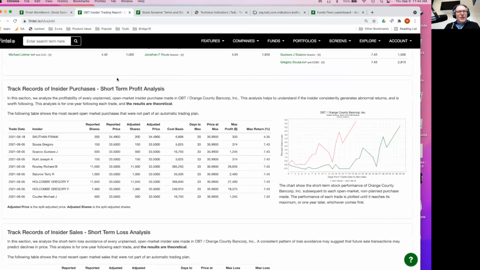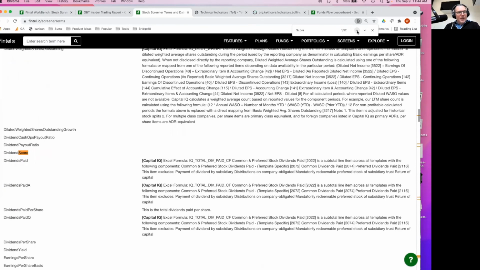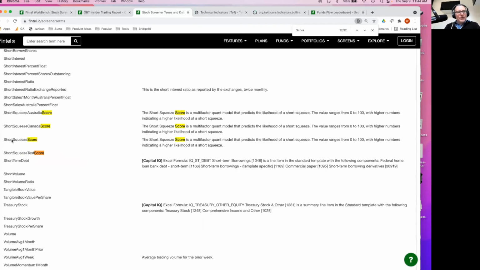For example, anything in here that ends with score is a number that ranges from 0 to 100, so for all practical purposes it's a factor. We've got an insider officer score, an insider score, a dividend score, and a short squeeze score, with short squeeze Canada and Australia.